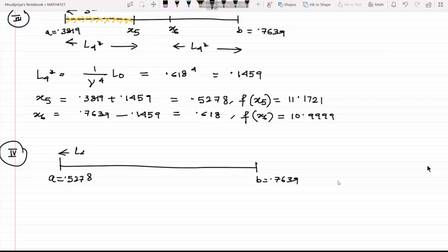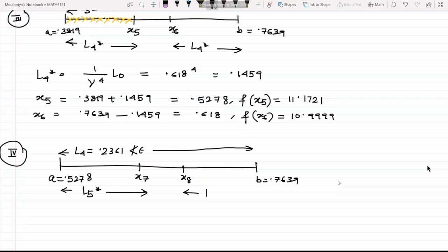What is L4? We are just not there. It is still not less than epsilon. So we need to carry on with the iteration. We can call it X7 and X8. This is going to be L5 star. This is also going to be L5 star.